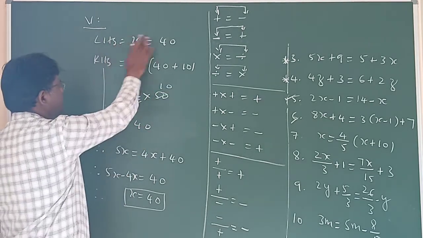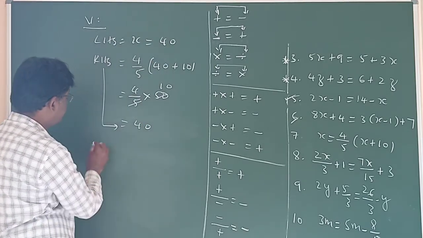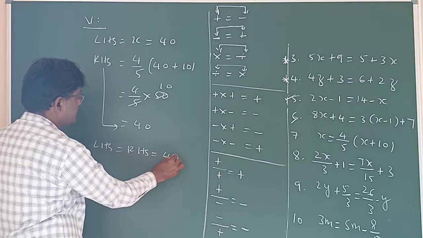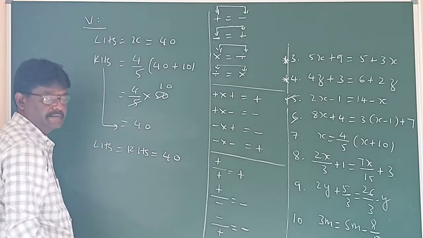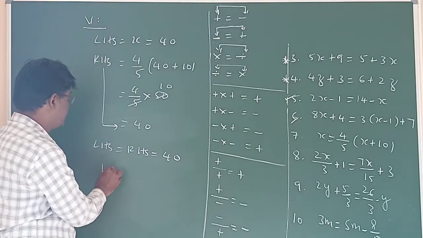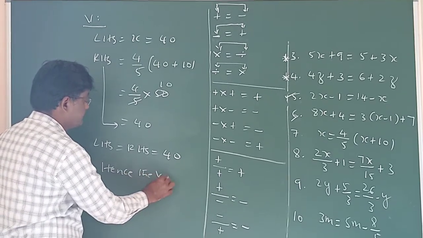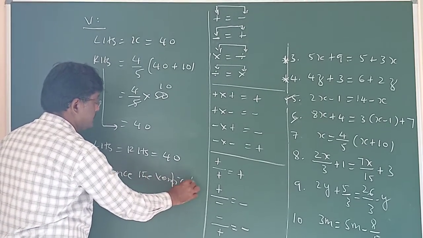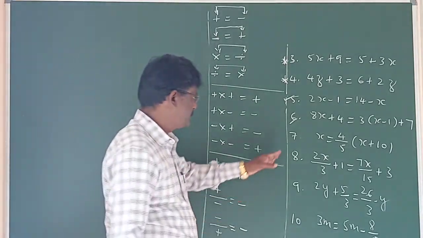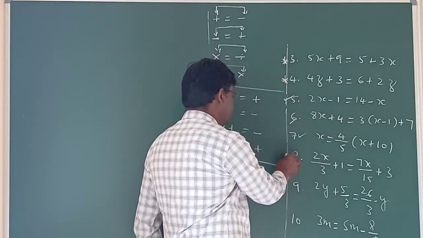Just you see, LHS is 40, RHS is 40. Therefore, thus LHS is equal to RHS is equal to 40. Hence verified, or we could say hence the verification. Like this, we can write. So now we have solved the seventh one. This you practice, children.